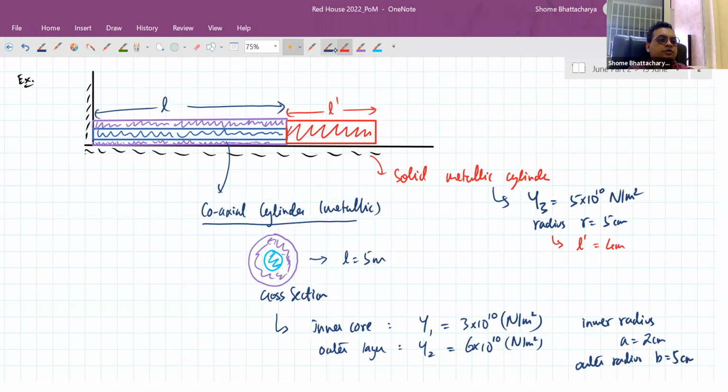Now what we are going to do is push this with some external force such that the point of application of the force has a certain displacement.